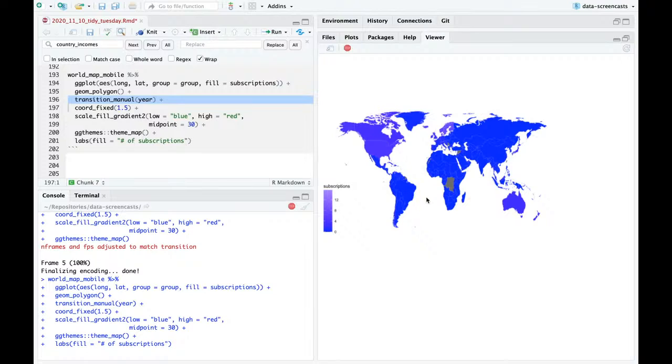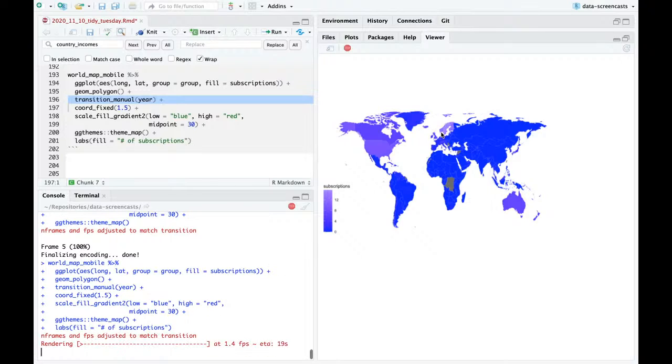And remember, everything starts at 0. Right now it's still just doing the 5-year version. Here we go. All right, we're rendering now. Let's see how it looks.